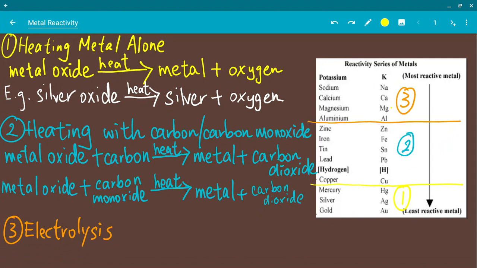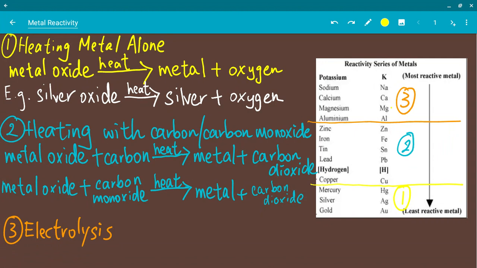In the previous video, we talked about three different methods of extracting metal, which depend on the metal reactivities. There's a series that I've shown you on the diagram on the right.